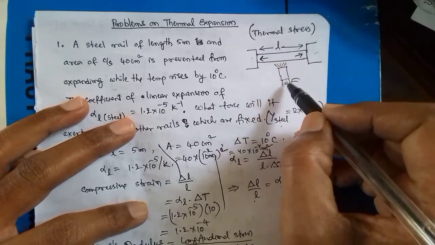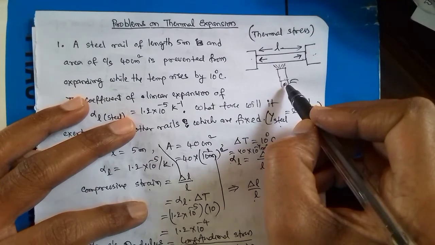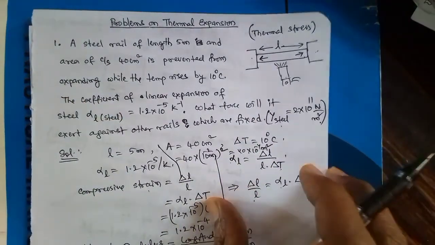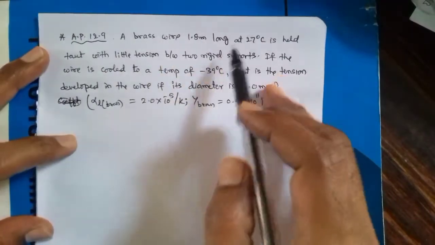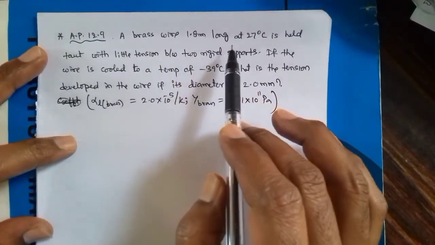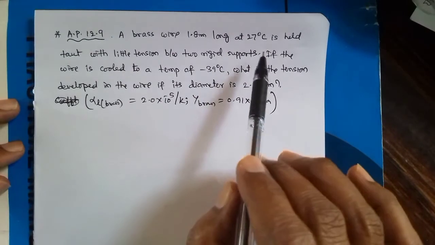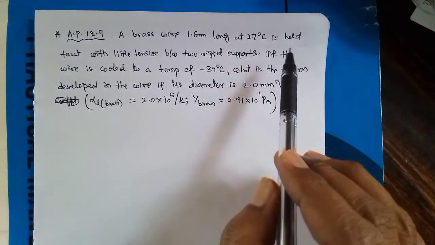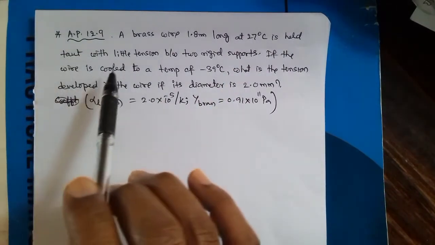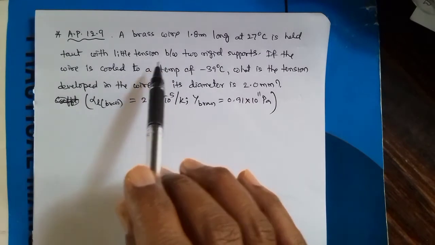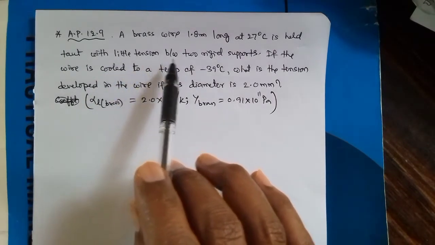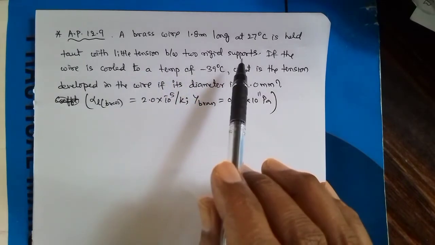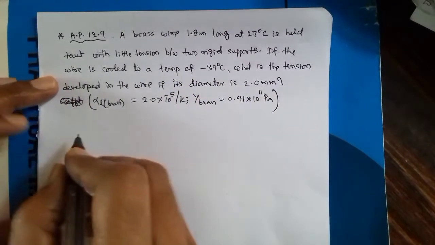So similar another problem let us consider now. A brass wire 1.8 meter long at 27 degrees centigrade is held taut with a little tension. Little tension means no tension between two rigid supports.